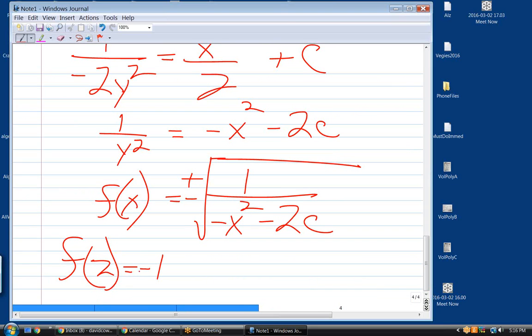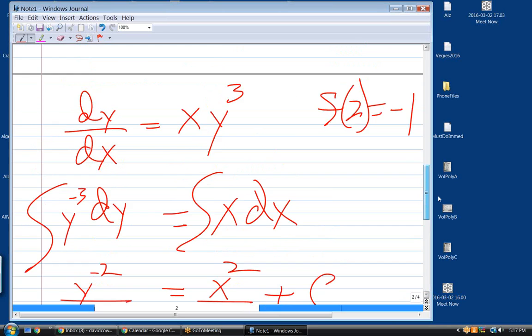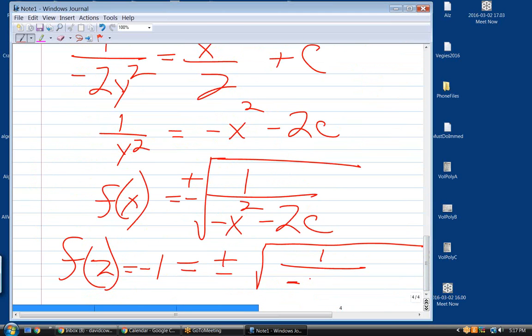If f of 2 equals minus 1, then minus 1 equals plus or minus the square root of 1 over, x was what? 2? Yeah. So that's minus 4 minus 2c.